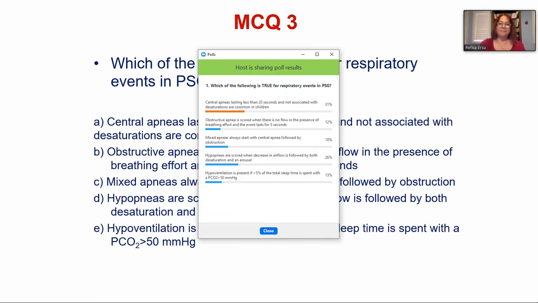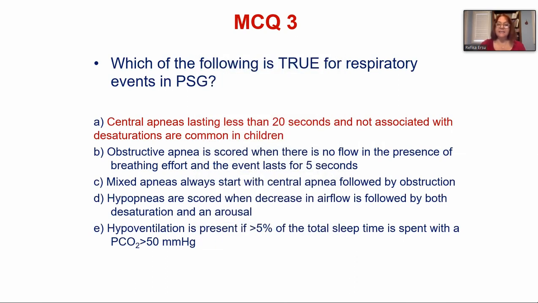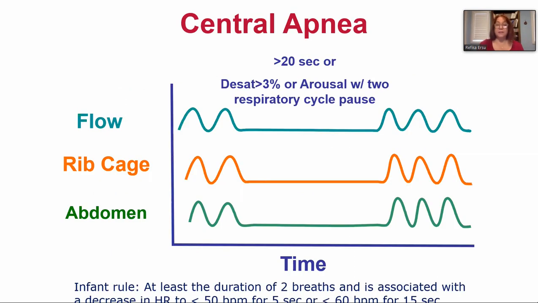Okay, excellent. So we'll now review all of these, but 31% correctly answered this question. Central apneas lasting less than 20 seconds and not associated with desaturations are quite common in children, so we do not score them. So we'll start with scoring of central apneas during a polysomnography.